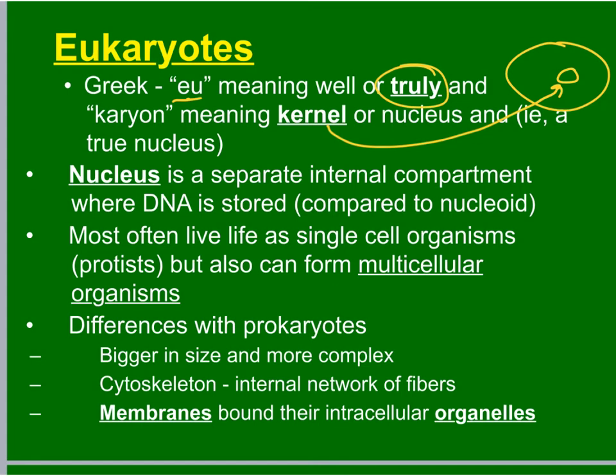And what you want to think about is, why did we evolve to have a separate internal compartment where we stored our DNA? Why do we have to do that? And if you think about the evolution of organisms, we get more and more complex. And the idea, we think, is that we evolved to have different activities going on in different membrane-bound organelles.